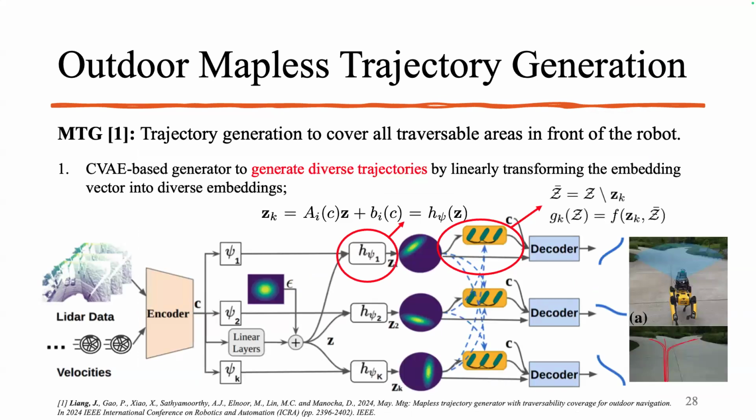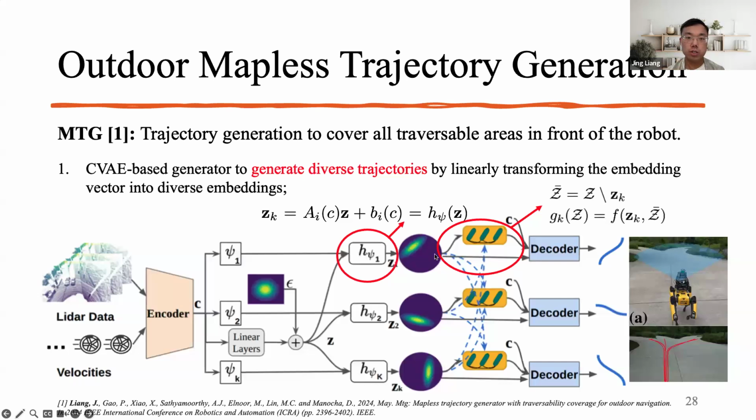Right. So we have the confidences of the generated trajectories, and those confidences are from the variances of the Gaussian embeddings. So in the middle here, we have this embedding Z. Those could be the Gaussian embeddings.